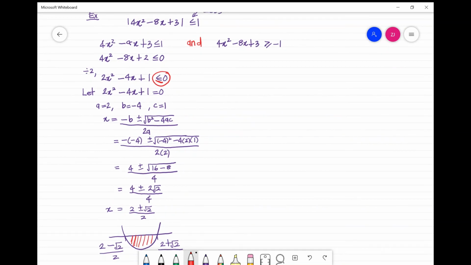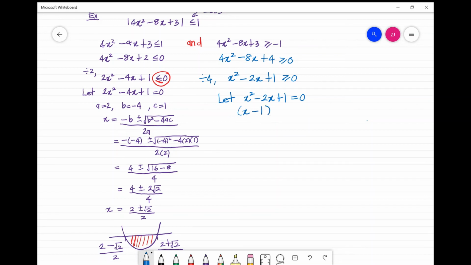Okay, so now let's solve the second quadratic inequality. We will have 4x squared minus 8x plus 4 greater than or equal to 0. We divide both sides by 4, so we will have x squared minus 2x plus 1. We let this be a quadratic equation first, and if we try to factorize, we will get 2 equal roots, which means x equals 1 only.